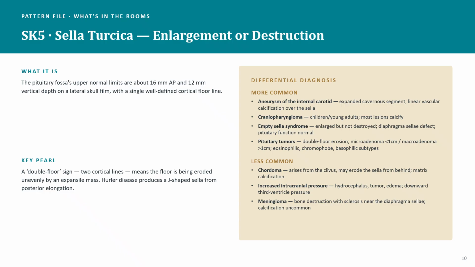With that double floor sign, we'll start to see two lines instead of one line along the bottom of the Sella-Turcica. What that indicates to the radiologist or whoever is reading the film is that there might be some sort of mass, such as a pituitary tumor, and that mass is usually causing some sort of uneven erosion in that area.